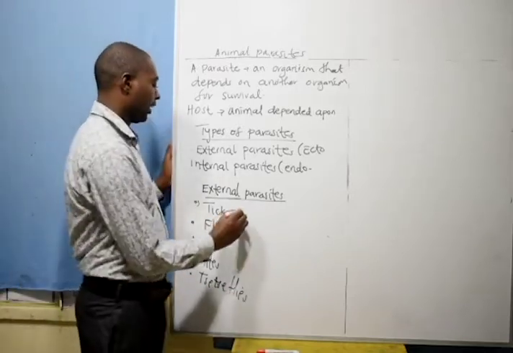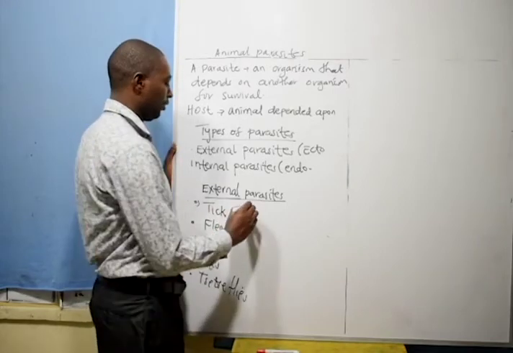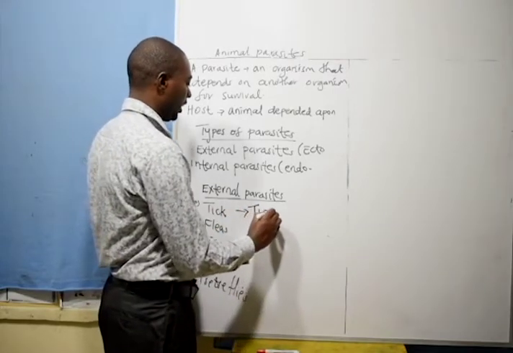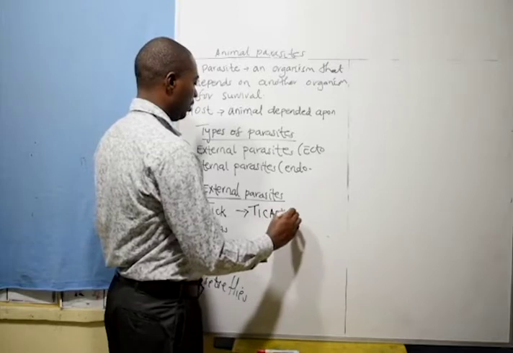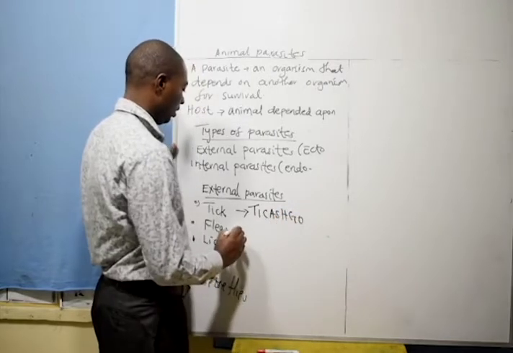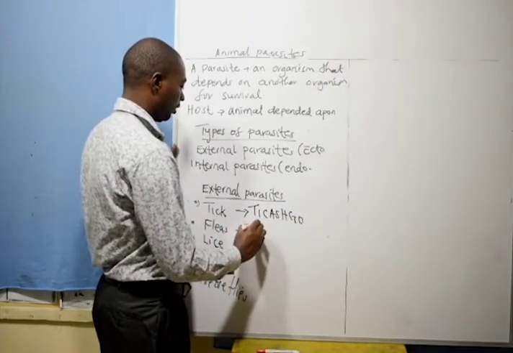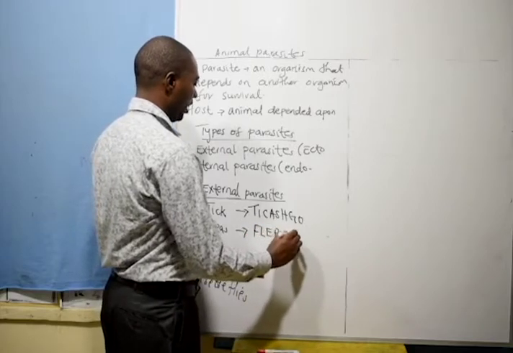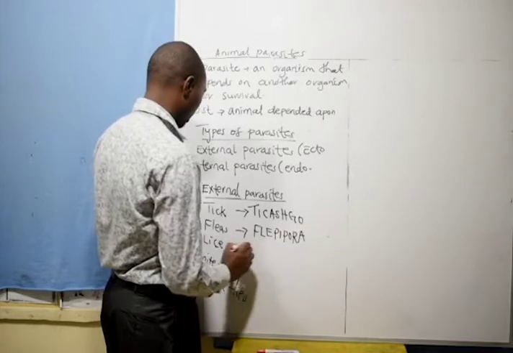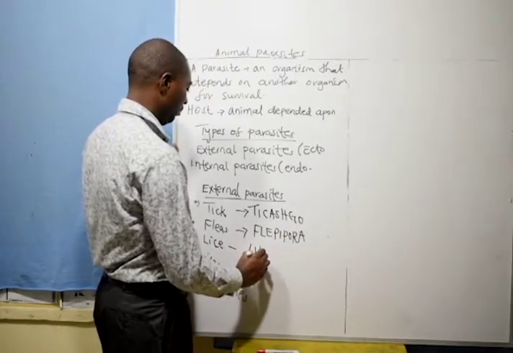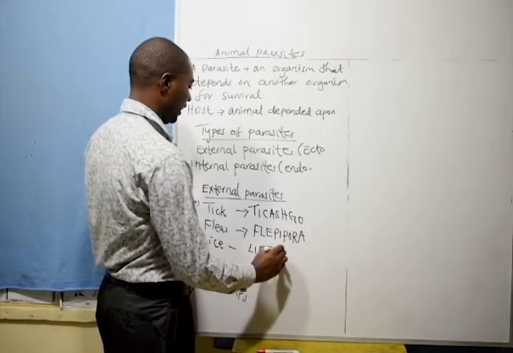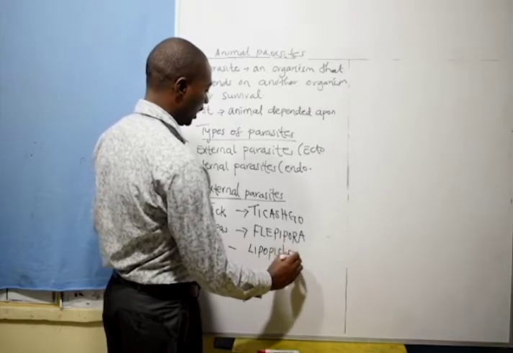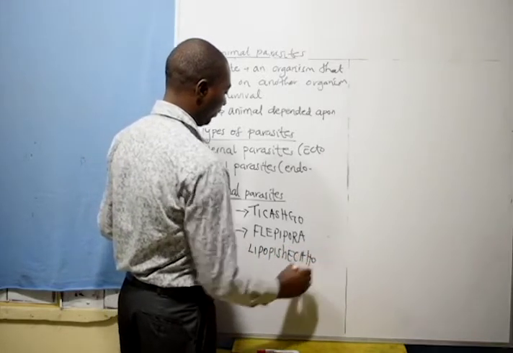I have an acronym for them. Like the ticks, we use the word T-Go. The fleas, we use the acronym FRE, P-PORA. We have the lice, we say LIPO, P, SHE, KA, HO.